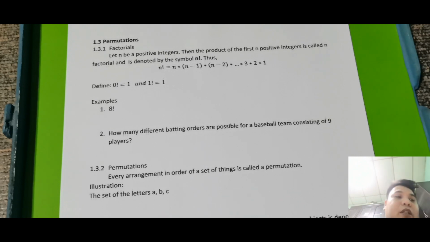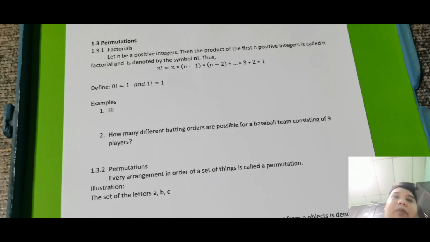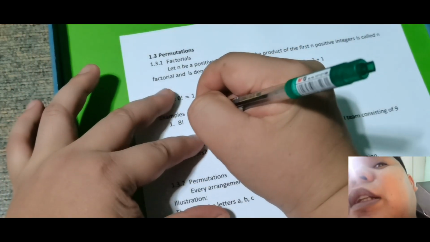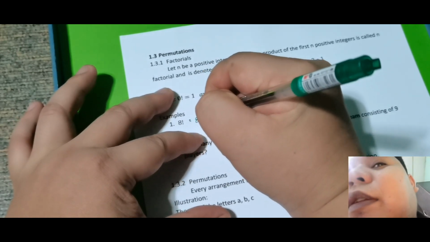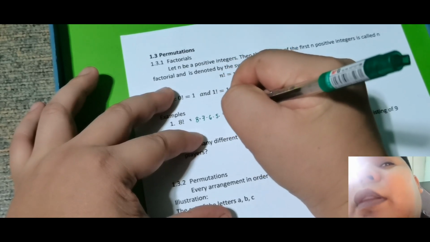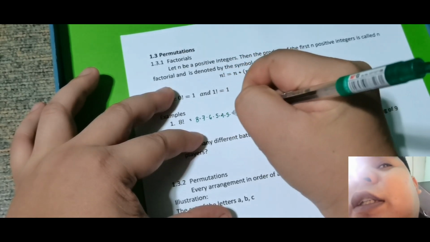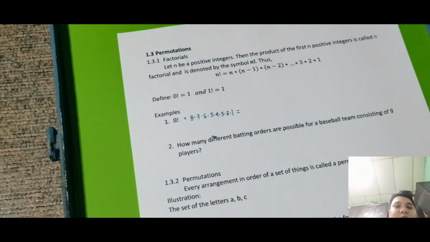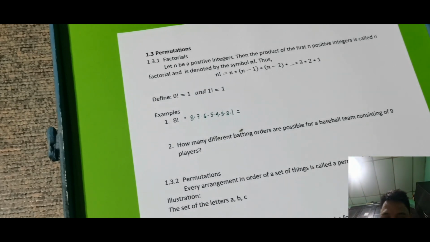So again, pag-usapan natin ito yung example niya. Example number 1, we have 8 factorial. So by definition of factorial, this is just equal sa 8 times 7 times 6 times 5 times 4 times 3 times 2 times 1. Syempre sa calculator may input na factorial, so hanapin ko lang din sa calculator.